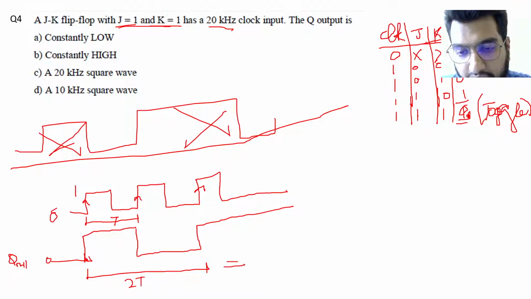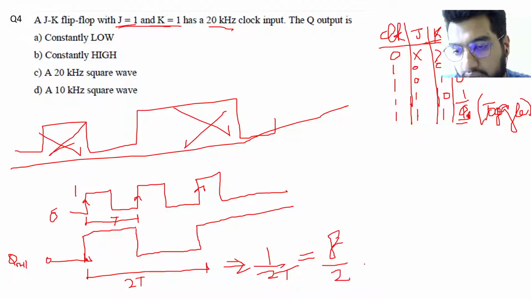That implies our frequency will be 1 by 2t, and 1 by t is f input. So the output frequency will be f input by 2. Since f input was 20 kilohertz, the output frequency will be 20 divided by 2, that is 10 kilohertz.